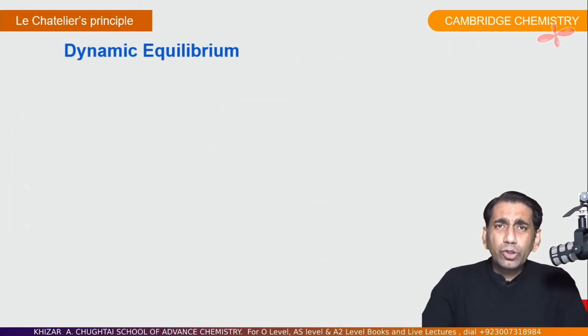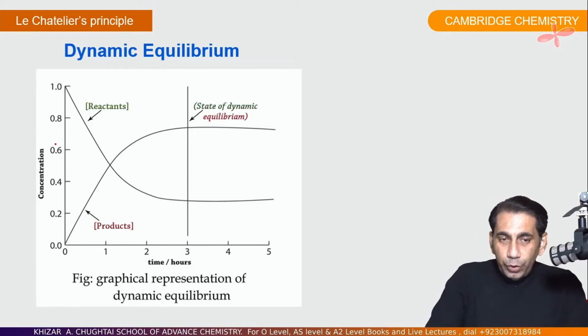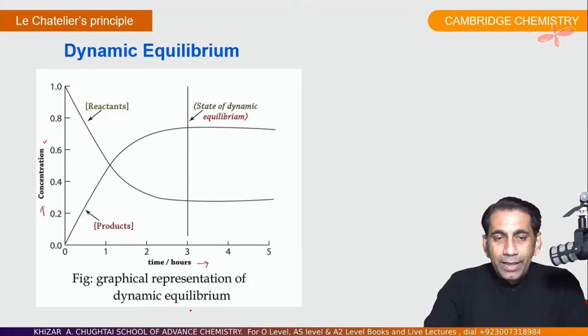Dynamic equilibrium can also be explained with the help of a graphical representation. For example, here is a graph with two curves, showing concentration on the y-axis and time in hours on the x-axis. One line represents the reactant, showing the change in its concentration with time.